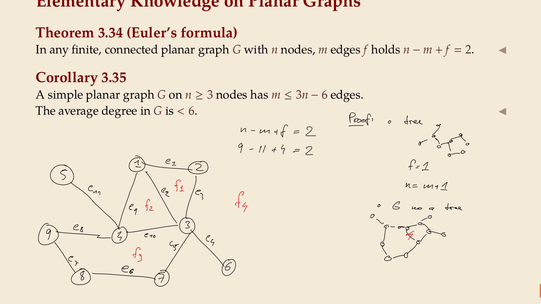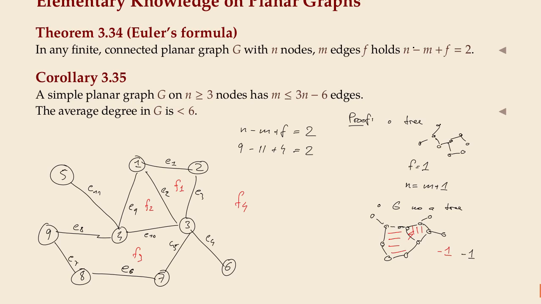And if you cut that edge, it means that two formerly separated regions join into one face. So we get minus 1 on the faces if we remove that edge. And we get a minus 1 on the edges, but the nodes don't change.